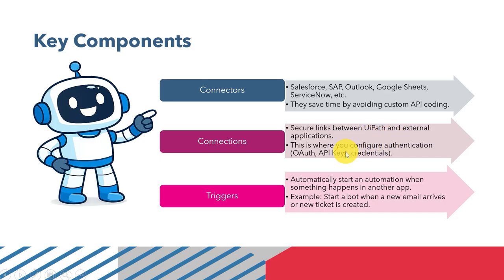This is where you configure authentication like OAuth, API keys, and credentials. And the last one we have is triggers, which automatically start an automation when something happens in another app. Example, start a bot when a new email arrives or a new ticket is created.